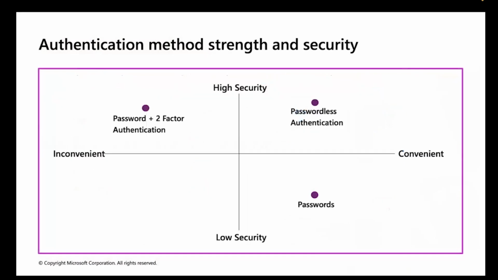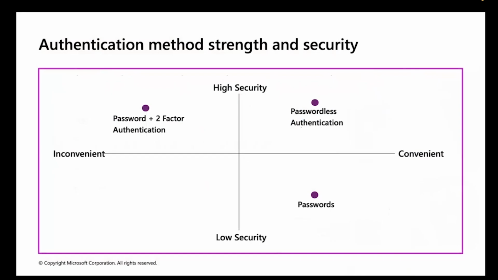Now, we talk about authentication method strength and security on 4 different kinds of metrics: convenient, high security, inconvenient, and low security. If you talk about passwordless, that is high in security and also convenient to use. That's why people are moving towards passwordless.